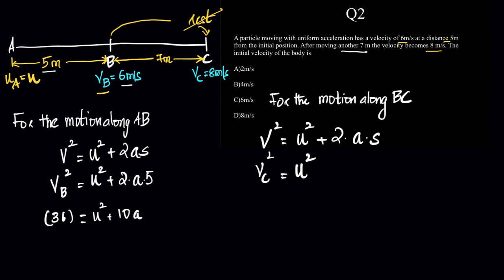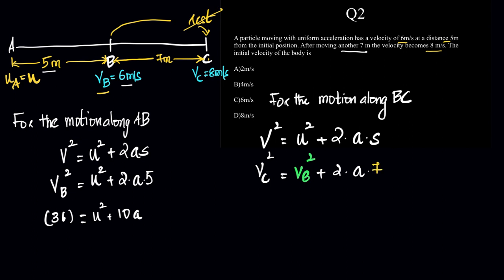So we can replace U with VB square plus 2 into A into S. How much would S be? S would be the distance between B and C, which is 7 meters.